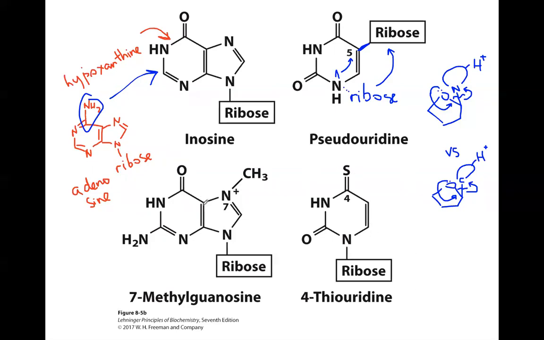Now, there are a couple of others which we're not going to talk about in detail, but you can put sulfur here. So this will be thiouridine. This will also change various preferences. Obviously, you change the electronegativity, you change nucleophilicity. You can methylate the N7 nitrogen in guanosine, for example, and by doing so, you can introduce a positive charge, right? The enzymes that incorporate methyl groups are known as methyltransferases.